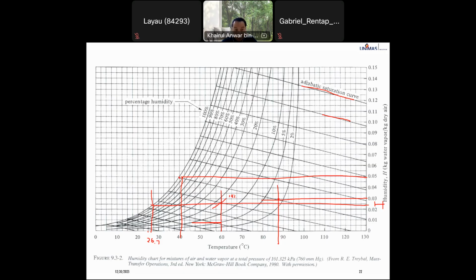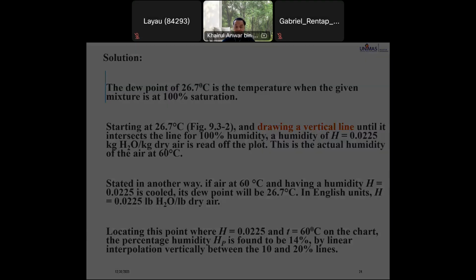So at 100%, the temperature is 40.5 to 40 degrees C, while the humidity is slightly higher, 0.0505 kg H2O per kg dry air. That is for the example 33.2-3.